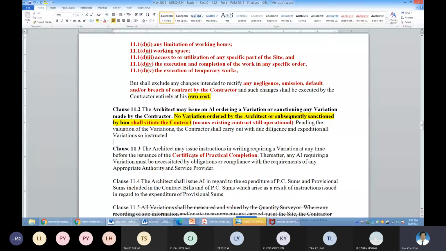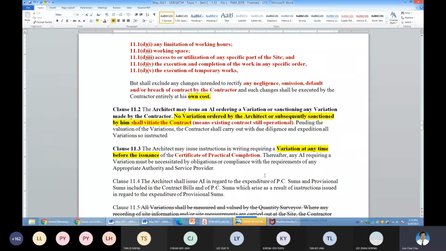Once the CPC is issued, most of the time, VO for the project cannot be issued anymore, except, I repeat, generally in contracts under PAM 2018, once a CPC is issued, it means that the architect cannot issue any VO for the works anymore.